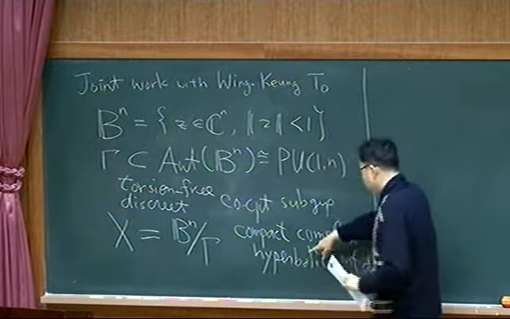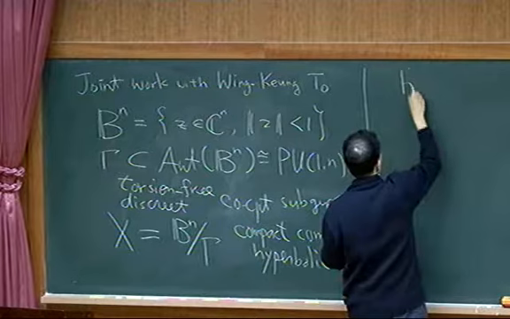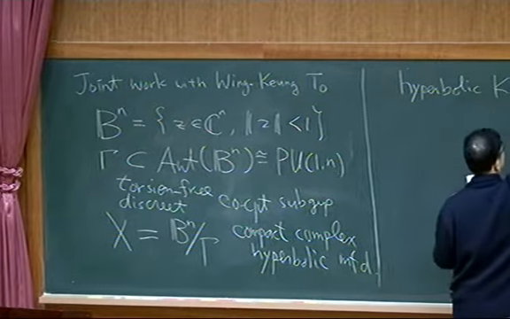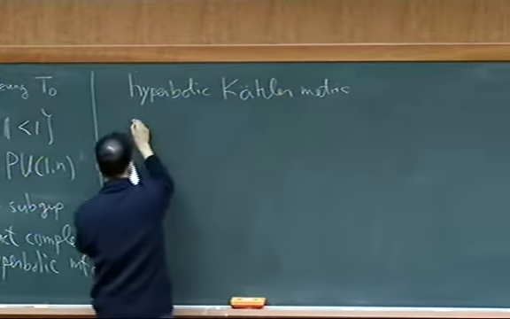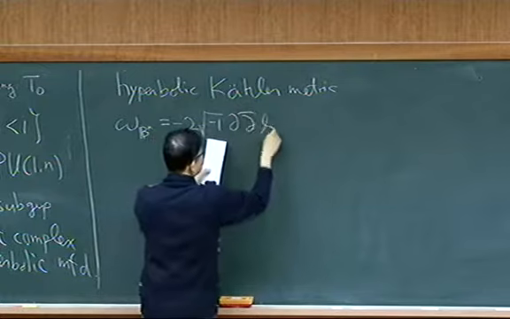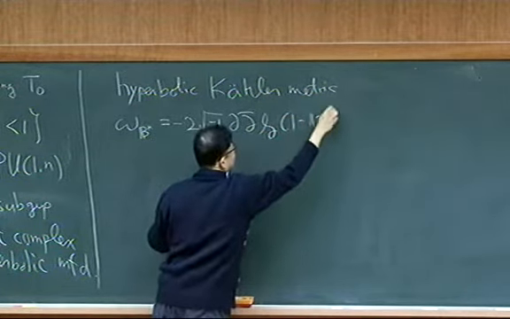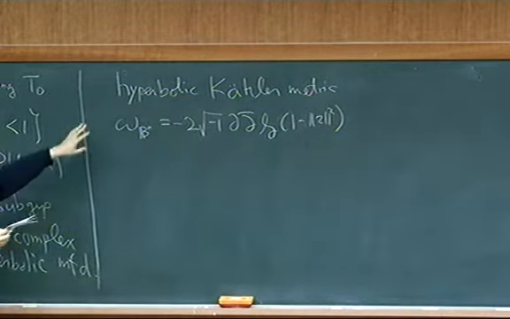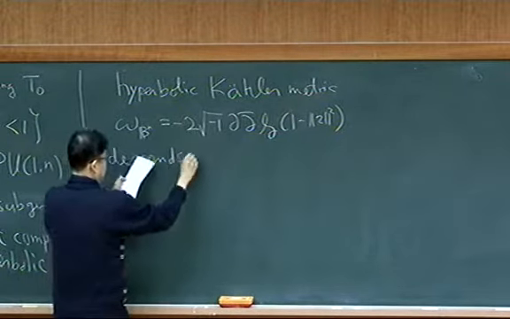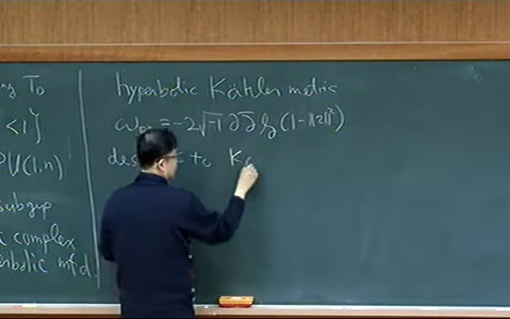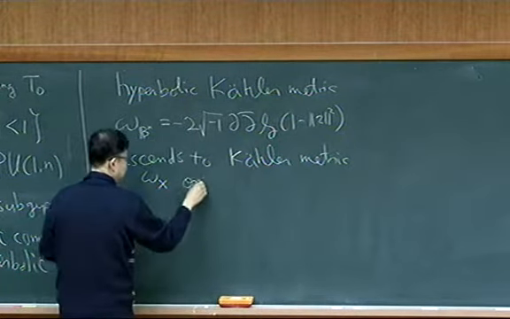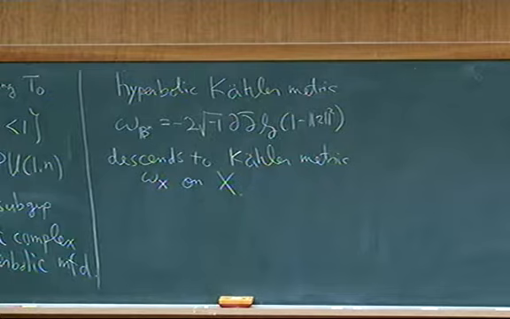And this is called hyperbolic because it has a hyperbolic metric, given by this derivative of log, which is the Bergman metric on the ball, and this is invariant under the group, so this descends to a Kähler metric omega_X on X. So locally, it has a hyperbolic metric.